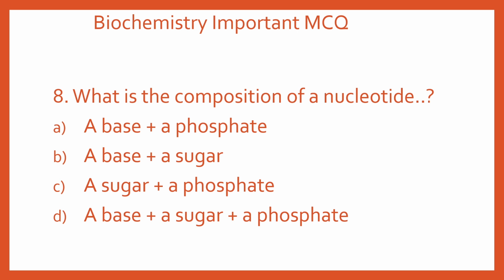Nucleotides are like ATP, ADP, AMP, GMP. ATP is adenosine triphosphate, AMP is adenosine monophosphate, GMP is guanosine monophosphate. So for a nucleotide to be formed, we must have a base plus a sugar plus a phosphate. In the sugar, we have ribose and deoxyribose. For a nucleoside, we have a base plus a sugar. So the composition of a nucleotide, of course, you know the answer already: option D, a base, a sugar, and a phosphate.